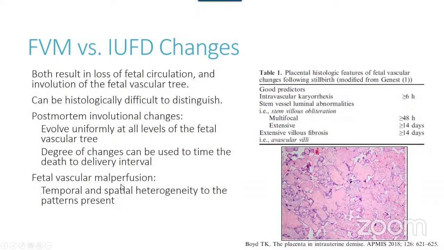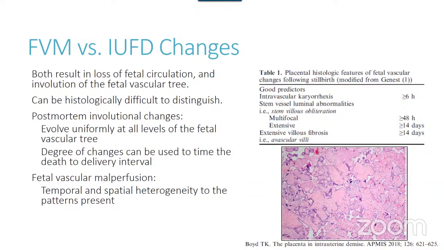Whereas in fetal vascular malperfusion, at least some part of the loss of circulation would have occurred before the fetus died, right? And then the fetus died, and then you get the uniform loss of circulation. So you'll have some areas that are older than other areas.